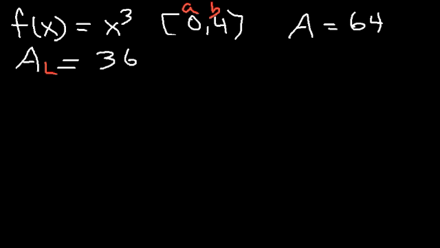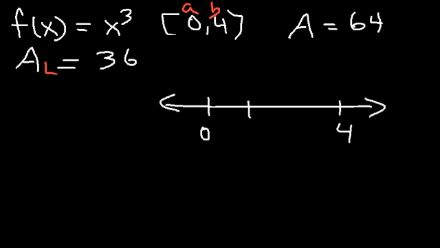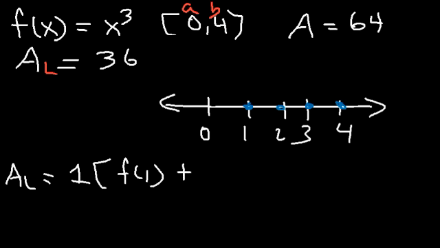Now let's make another number line so we could find the area using the right endpoints. So from 0 to 4, we're going to have the points 1, 2, and 3, but we're going to choose the 4 points on the right. That's 1, 2, 3, and 4, but not 0. So then AR is going to be delta x, which is 1, times f of 1 plus f of 2 plus f of 3 plus f of 4.